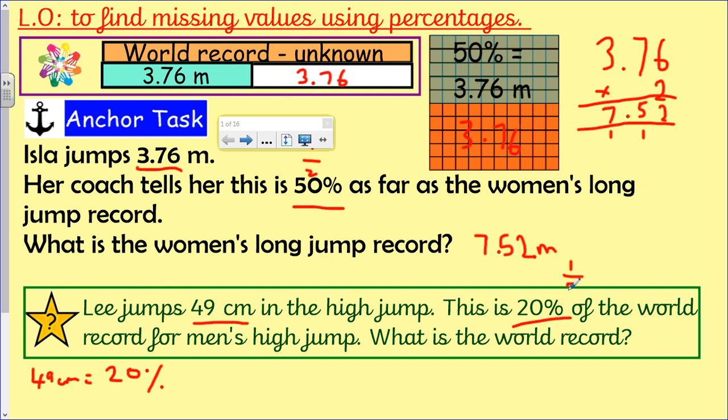Okay, these are the things that you need to start remembering. 20% is the same as a fifth. So I want to find 100%, that is 5/5. So to find 5/5, I'm going to multiply our 1/5 or our 20% by 5. Okay, so we need to do 49, the 20%, times 5, which will give us 100%, the full amount, the world record.